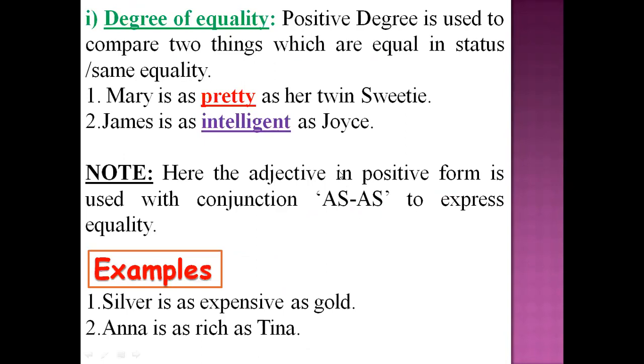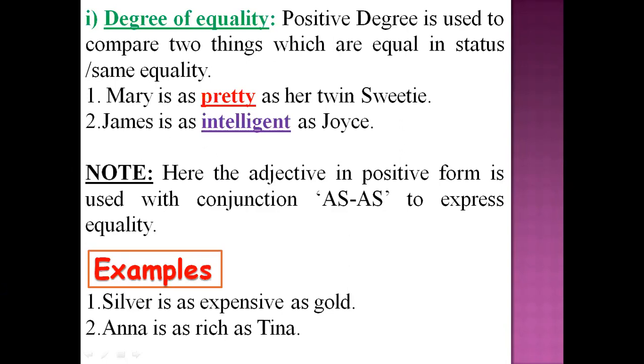Degree of equality. The positive degree is used to compare two things which are equal in status or quality. Examples are here. Mary is as pretty as her twin Sweetie. James is as intelligent as Joyce.